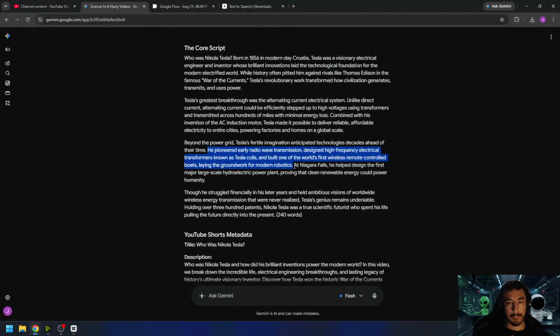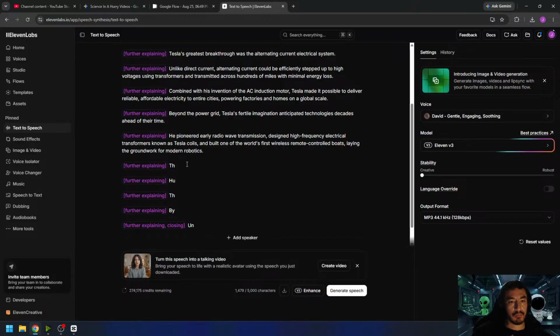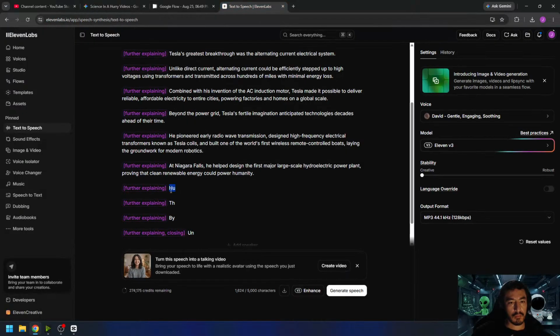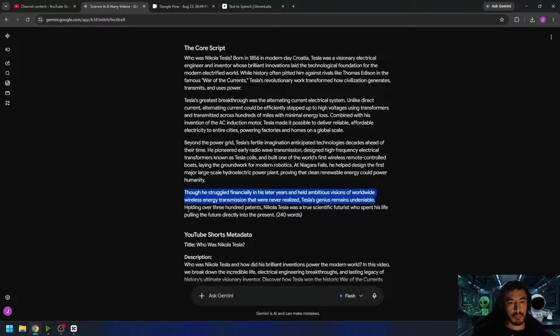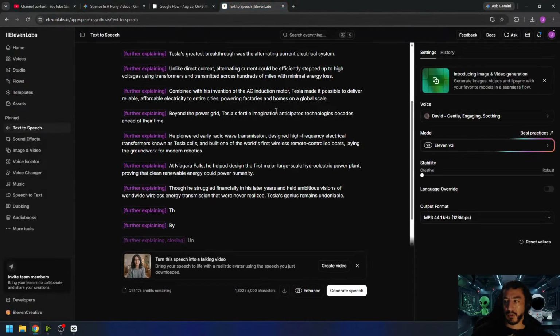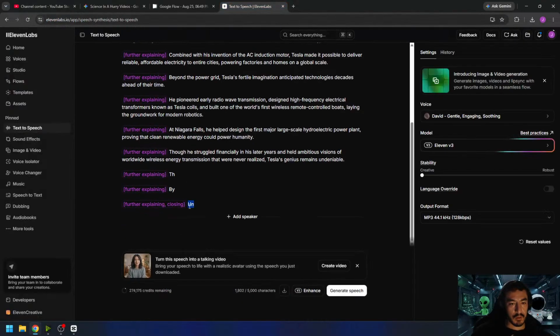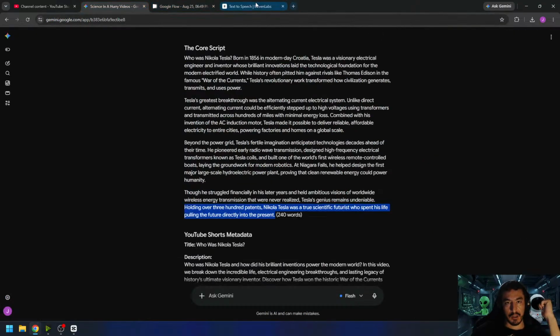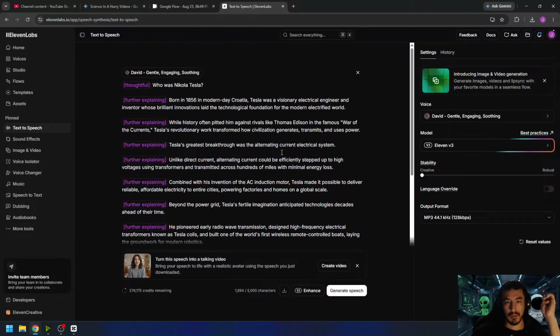We'll see. Okay, so that one ended up taking 2 lines fewer than the last one, so I can delete those. And now we've got our whole script copied and pasted into 11 Labs.